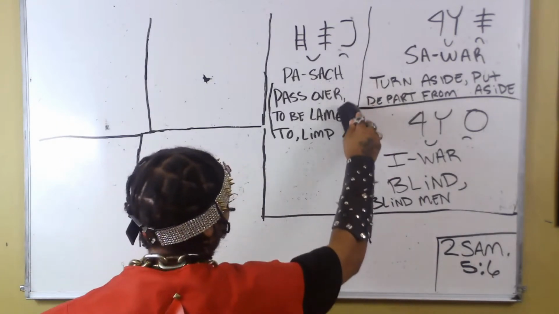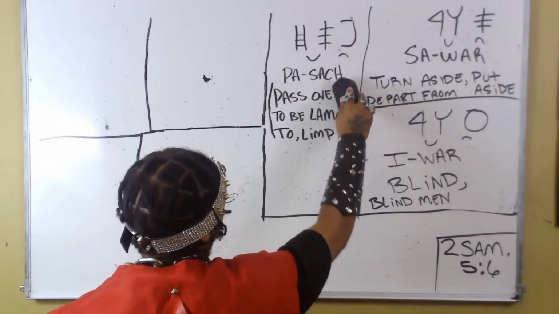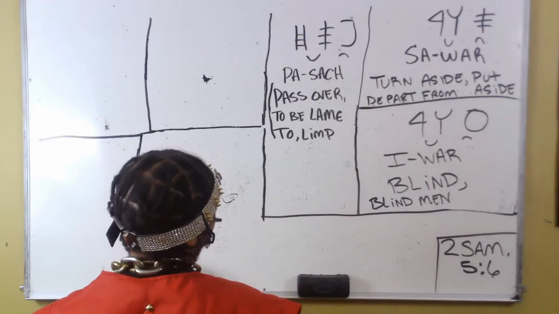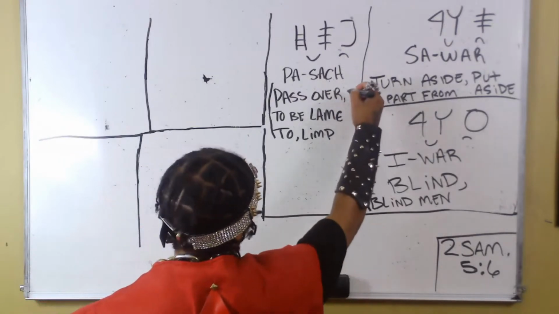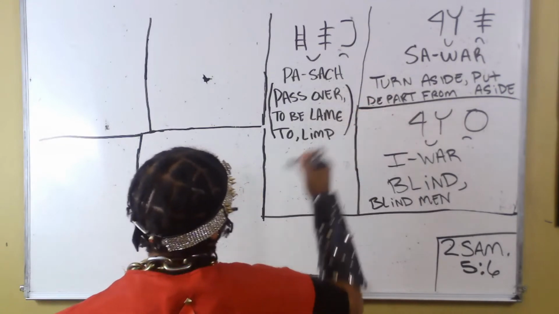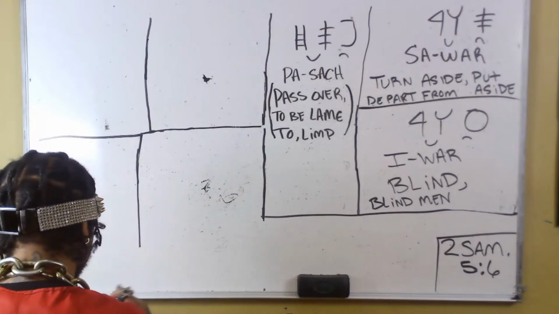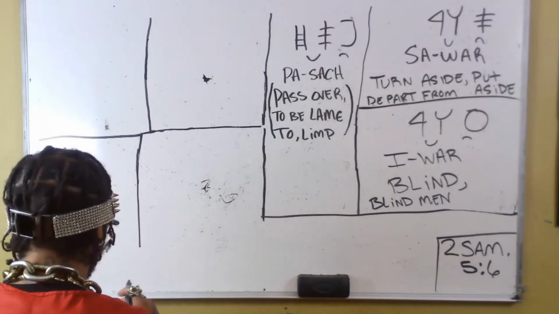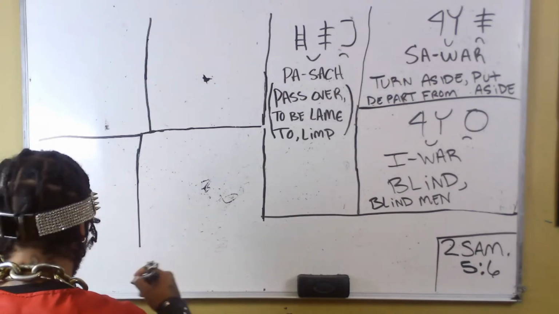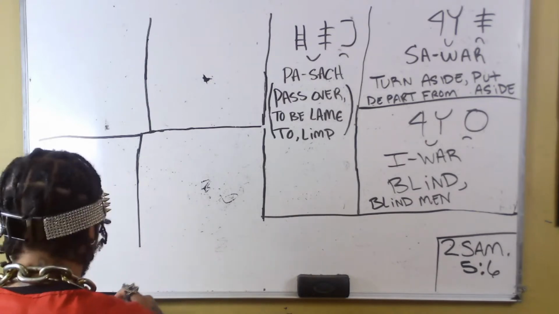Because when you're limping and lame, it's all got to do with walking. Boom, boom, boom, boom. That's it. All right. It also means to skip, but we ain't gonna put that up there yet.